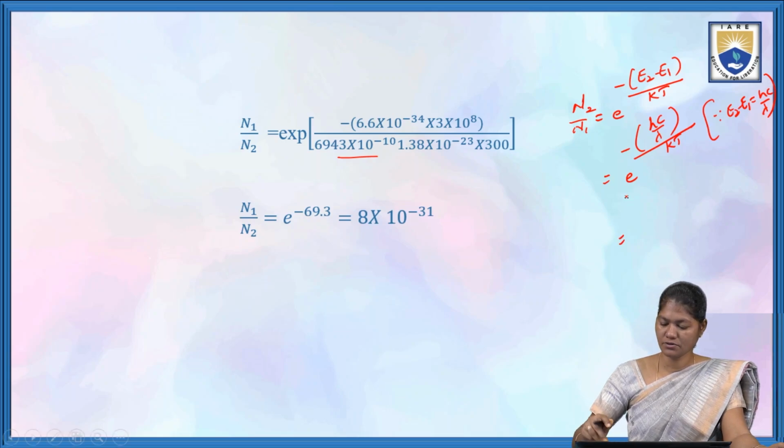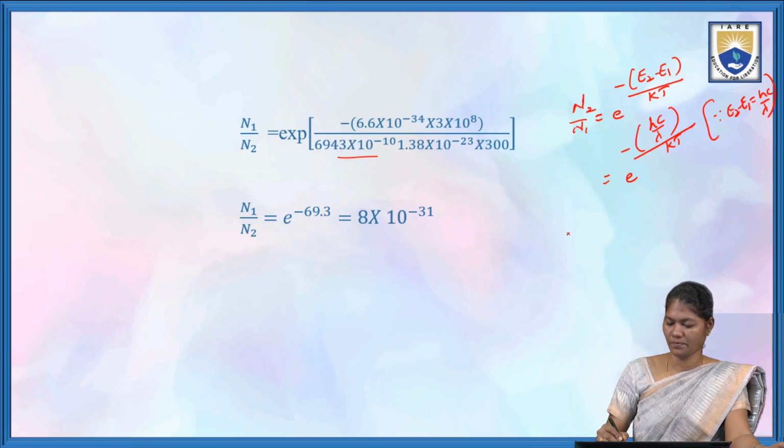So substituting now, N2 by N1 becomes e power, that is exponential of minus Hc by lambda KT.